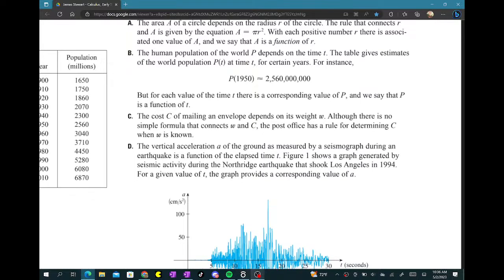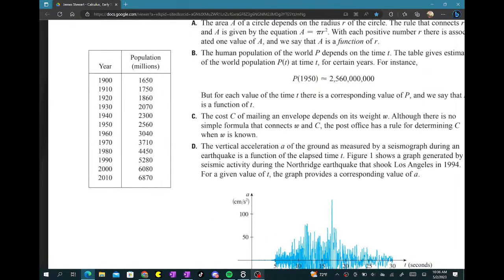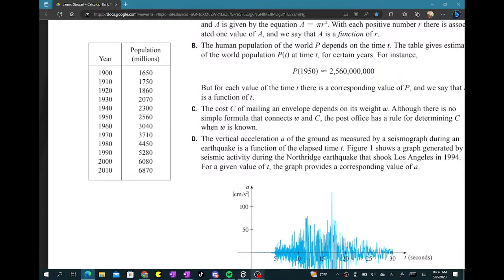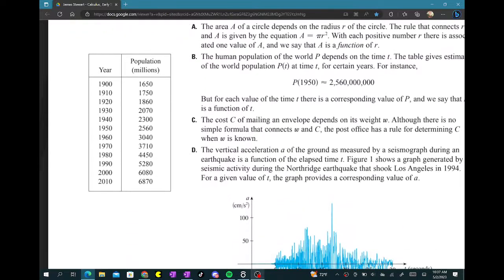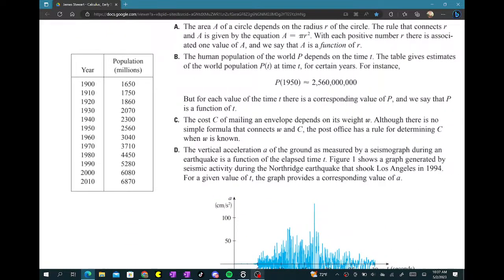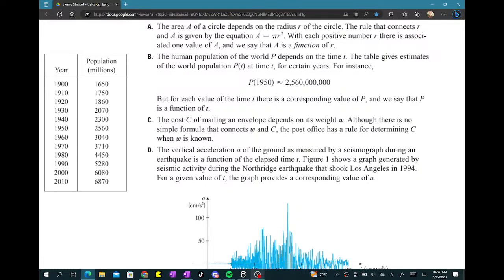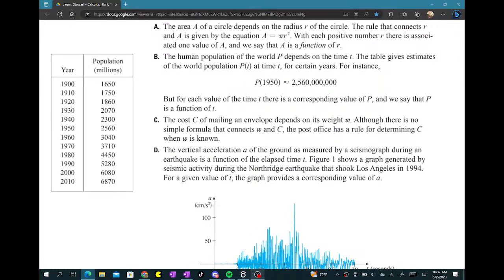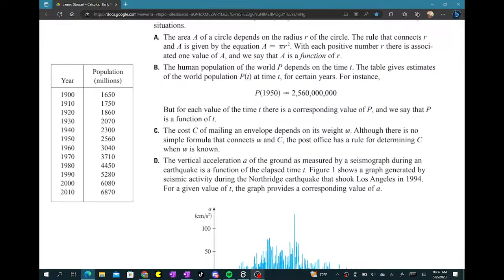And also the human population, they have this kind of t-chart here, or table, and they're saying that it depends on the time t, so the population in the world depends on whatever year we are talking about in history. This is just a way to represent a function.